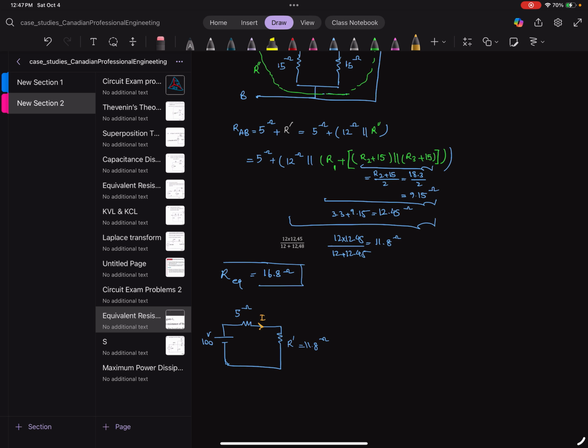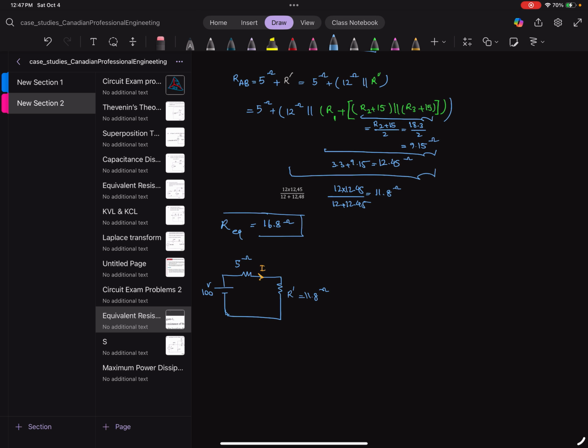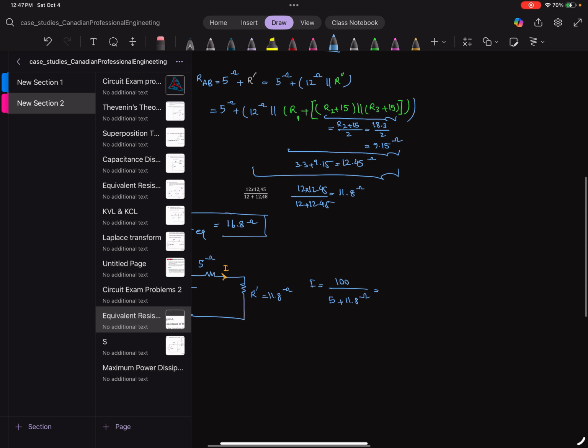So in order to find I, all we need to do is to say I is equal to 100 volt over 5 plus 11.8 ohm. Or we can say I is 100 over R equal.